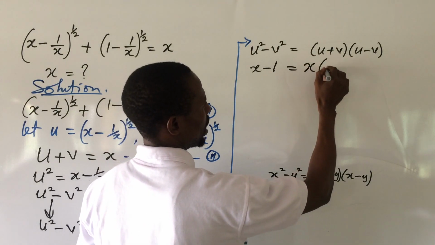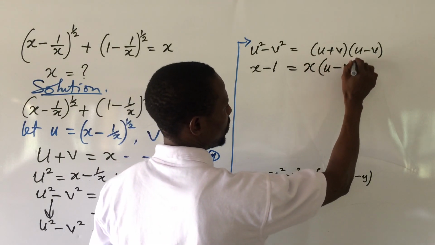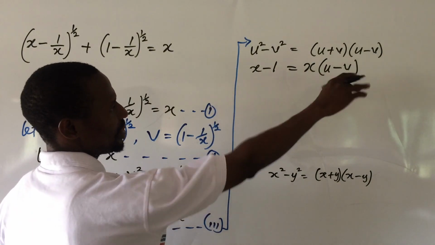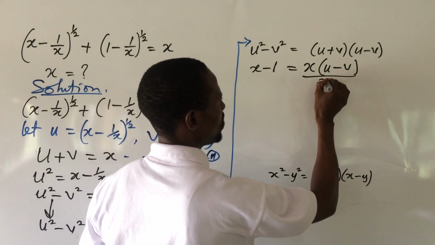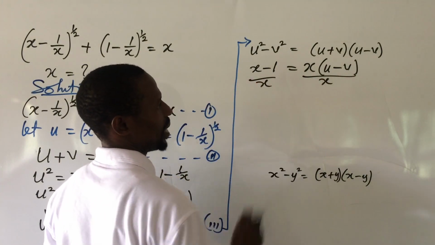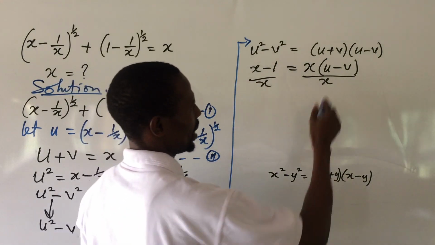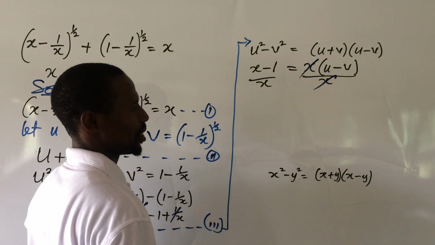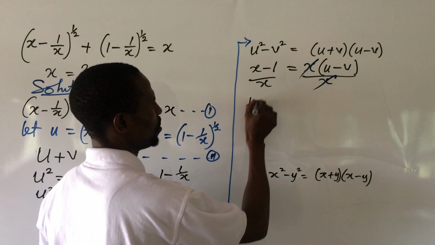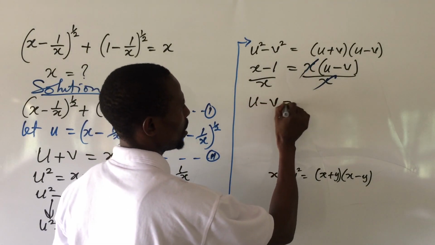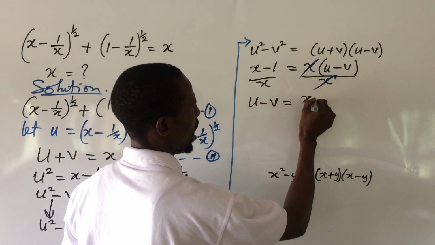So we have x times (u minus v). Let's divide through by x. If we divide through by x, we have u minus v equal to x minus 1 all over x.